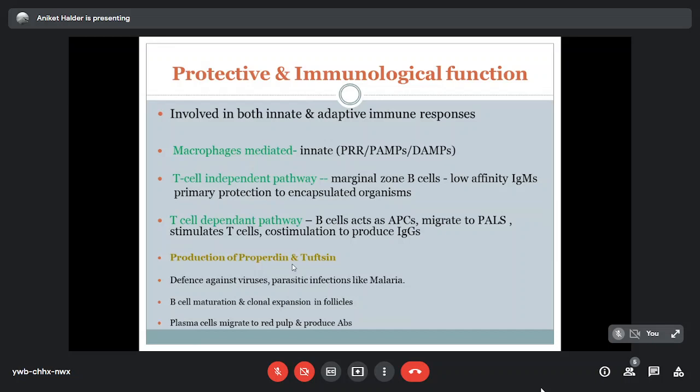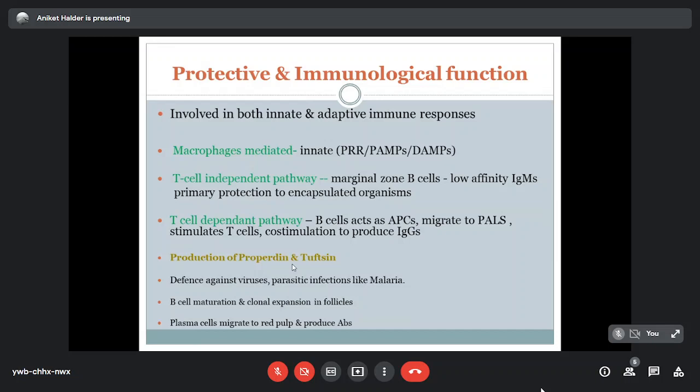And why are the lymph nodes mainly involved in the adaptive immune responses? Because the flow to the lymph node is through the lymphatic system, whereas the flow of different pathogens to the spleen, through the systemic blood, is through the hematogenous route.